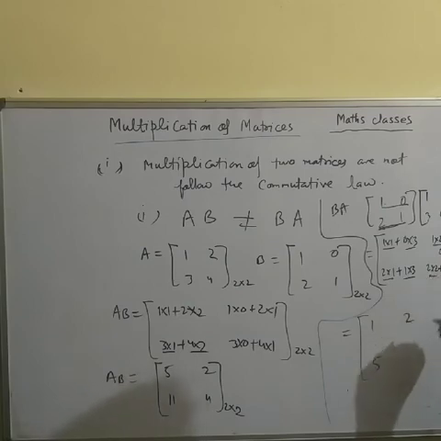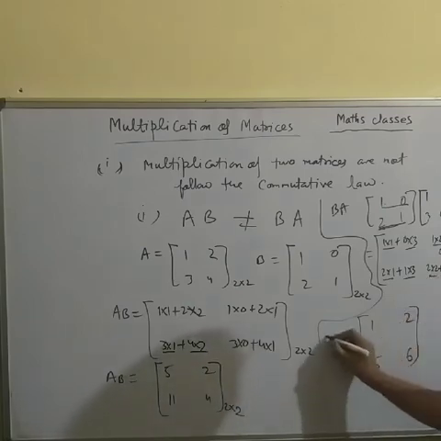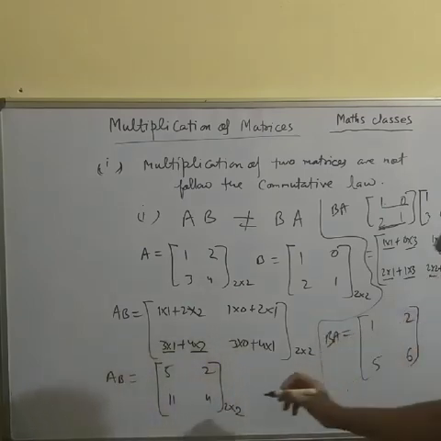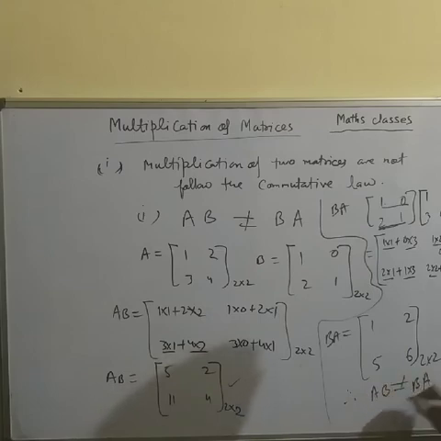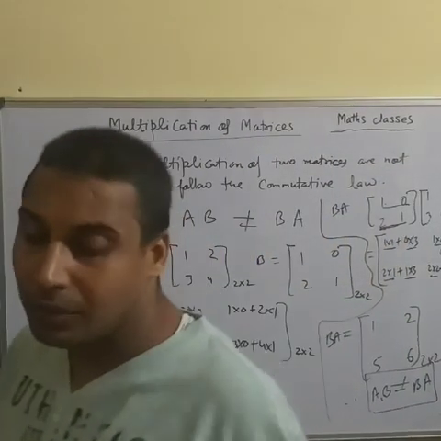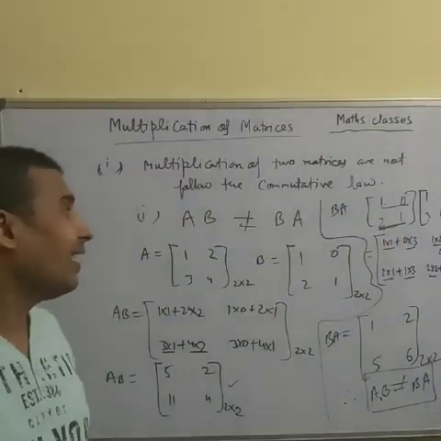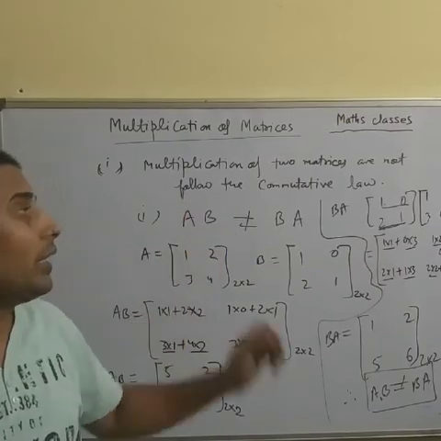And 2 plus 4, 6. This is BA. AB is this, BA is this. Also 2 cross 2. We can say AB is not equal to BA. It means multiplication of two matrices does not follow the commutative law.